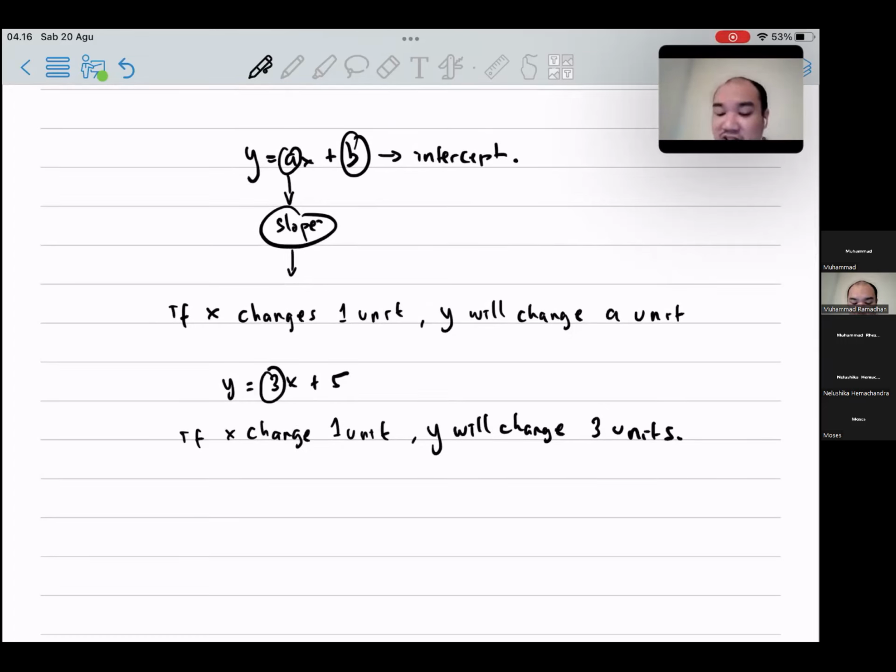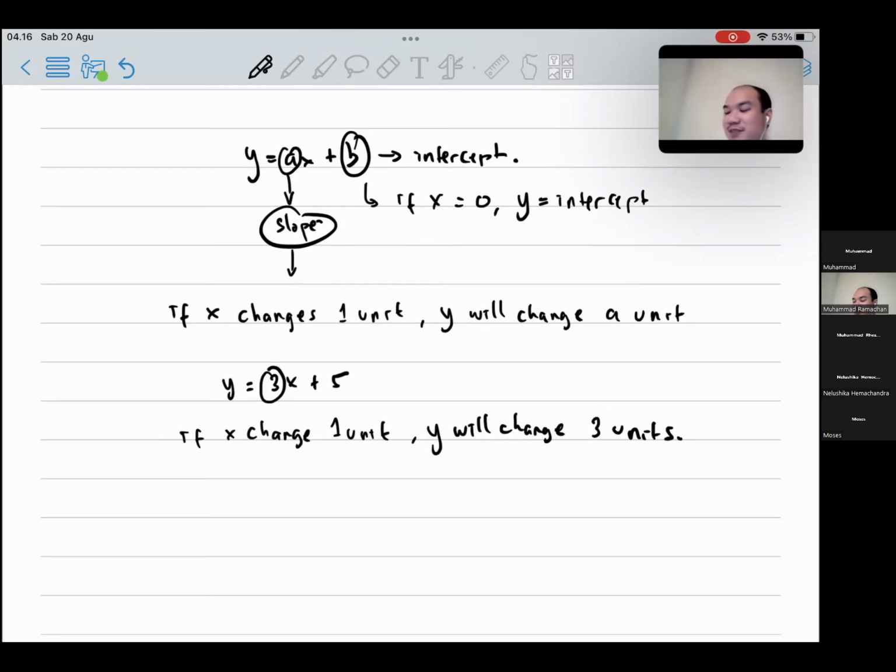So what is the intercept? Intercept is, if x equal to 0, y will be equal to the intercept. So intercept is the value of y when x equal to 0.